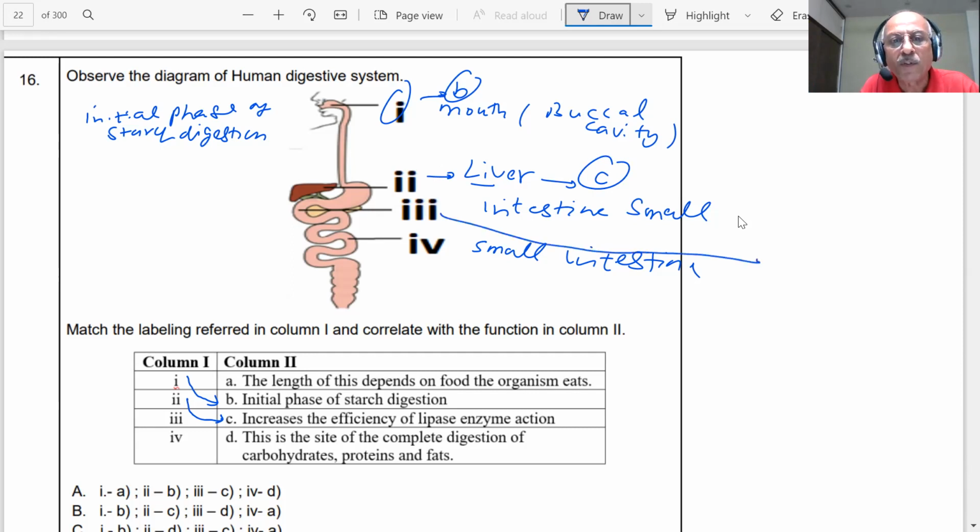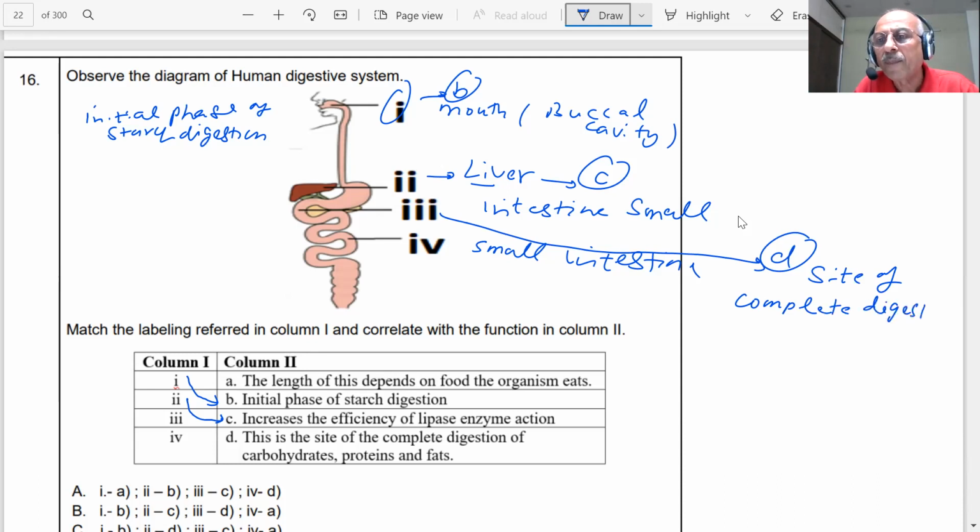The third will go with D. It is the site of complete digestion. What is happening in this small intestine? Complete digestion of carbohydrates, proteins and fats.